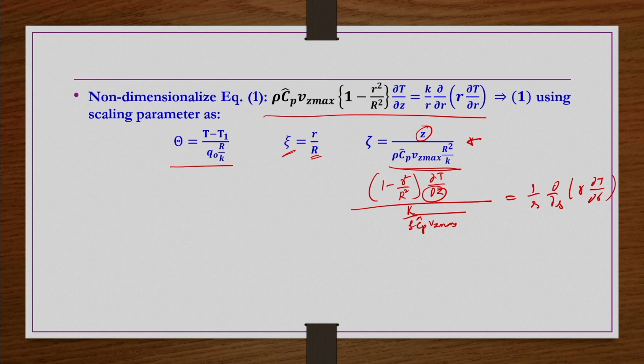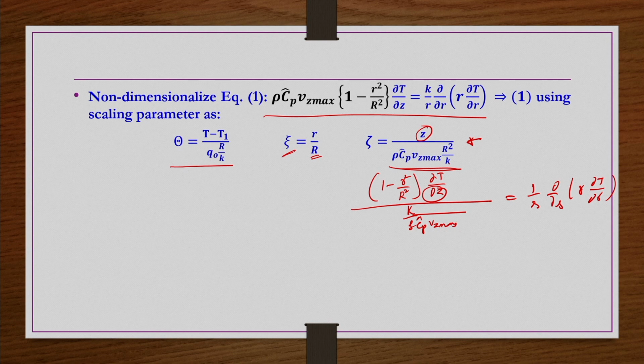Otherwise you may be confused, because for non-dimensionalizing the radial coordinate, you are simply dividing by the radius of the tube. For temperature difference, you are simply taking the constant heat flux terms and doing it. But in the case of z, it is not so simple, because there is no other length L kind of thing in this equation. Otherwise, z by L we could have taken as zeta.